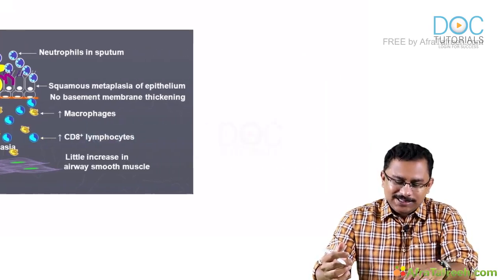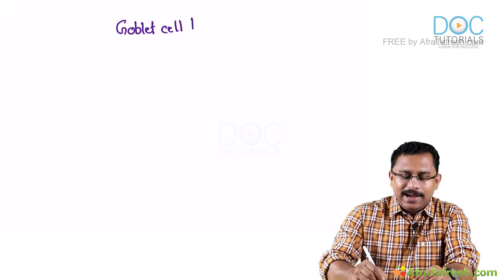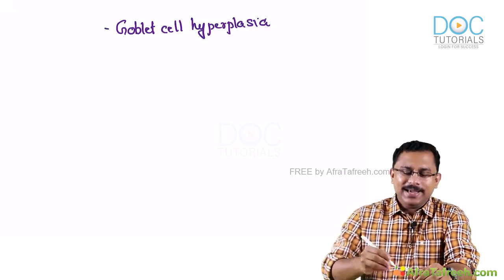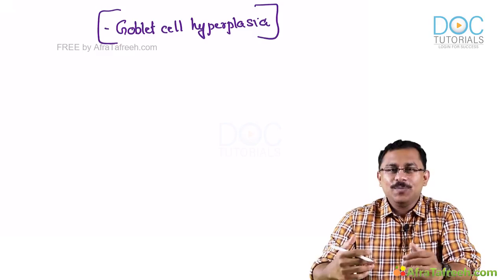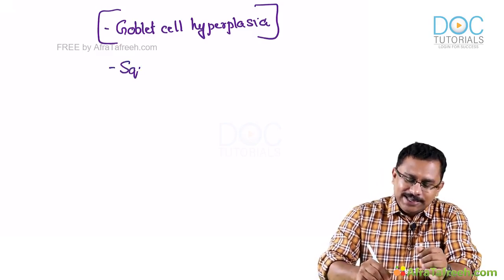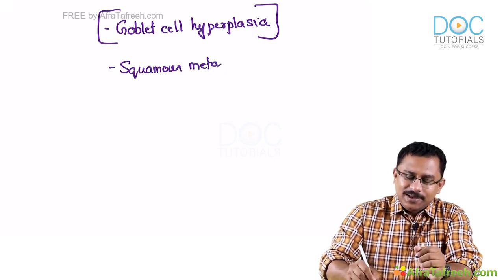So there occurs goblet cell hyperplasia. How does that happen? There occurs goblet cell hyperplasia, which in turn results in increased mucus production, and there also occur other changes like squamous metaplasia.